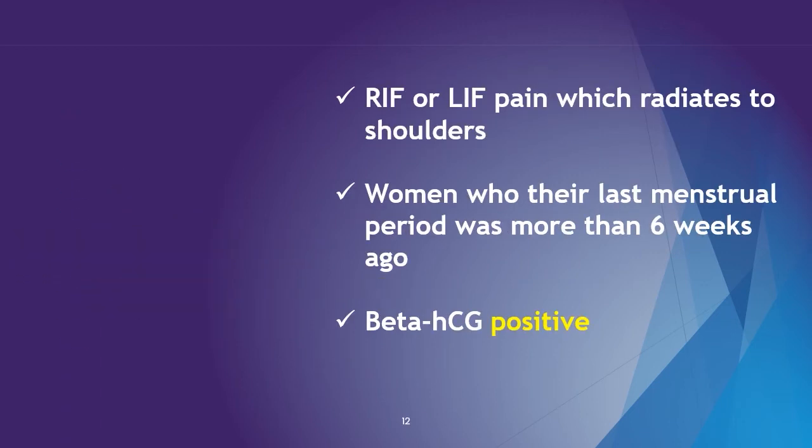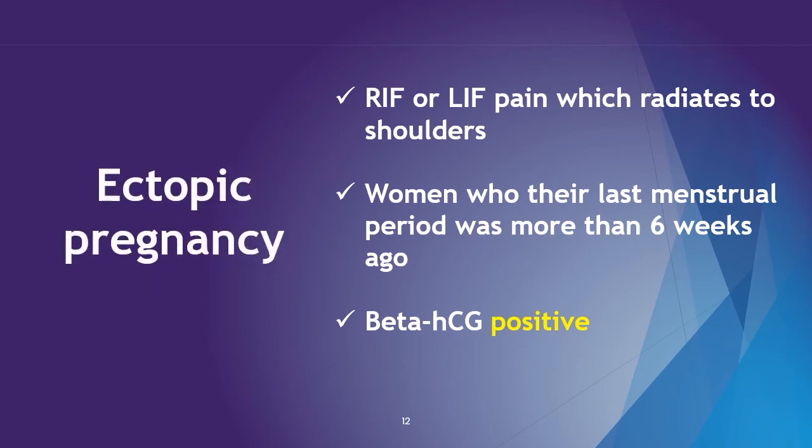In this case scenario, a patient is having right iliac fossa or left iliac fossa pain which radiates to the shoulders, in a female patient who had her last menstrual period more than 6 weeks ago and with positive beta HCG. When it says positive beta HCG, we can think it's a case of ectopic pregnancy.